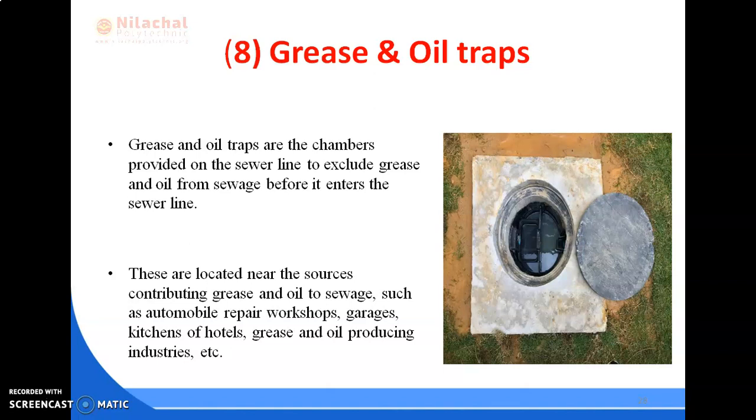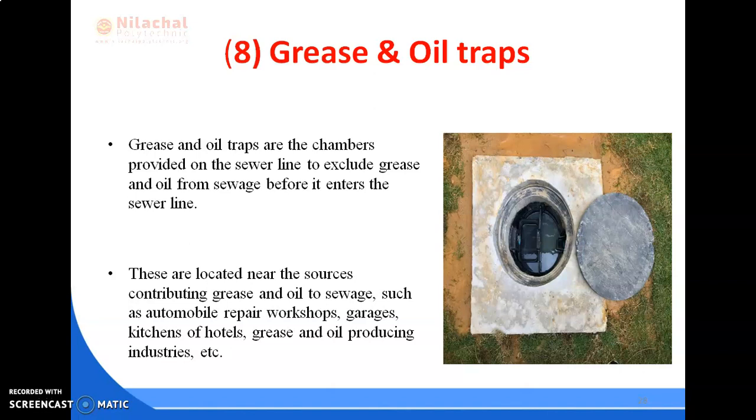And these are located near the sources contributing grease and oil to sewage, such as automobile repair workshops, garages, kitchens of hotels, grease and oil producing industries, etc. So basically in these places we need to keep an oil and grease trap to extract this oil and grease from the sewage line. The sewage from kitchens, hotels, garages, etc. may contain oil and grease.